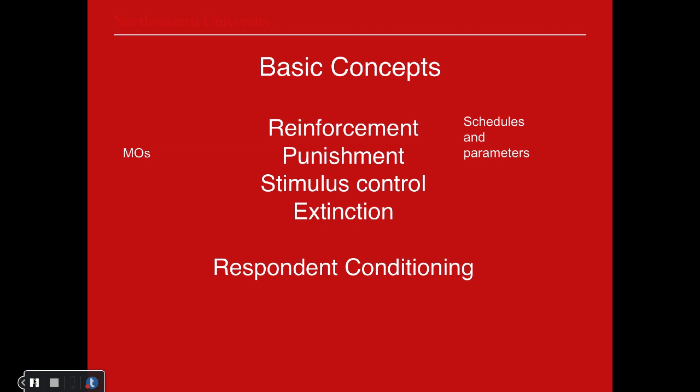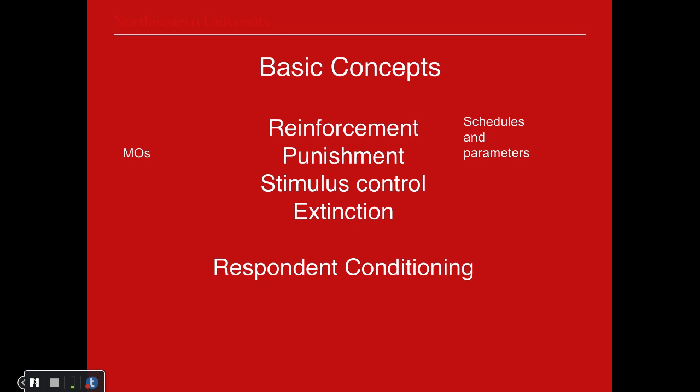That's pretty much the point that we want to get to at this point. So this whole module has concentrated on looking at these concepts with some more advanced applications. Last week you learned about behavioral economics and discounting, which really makes use of all of the concepts within operant conditioning.